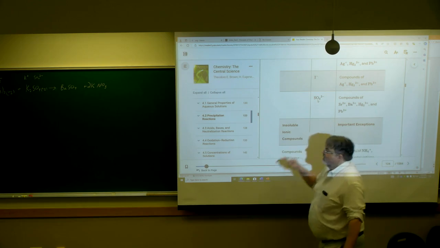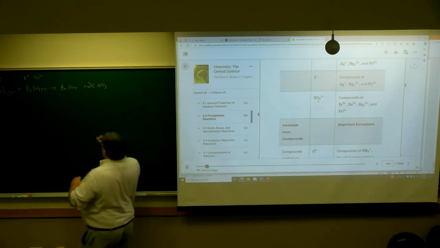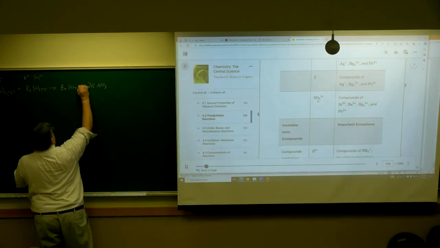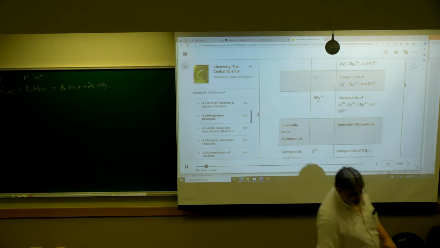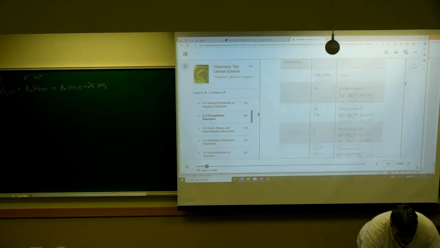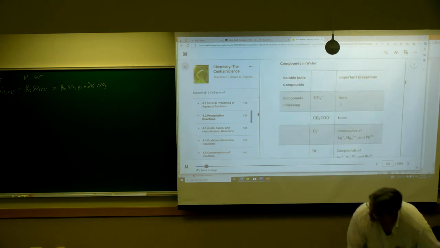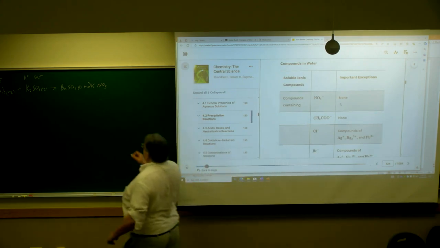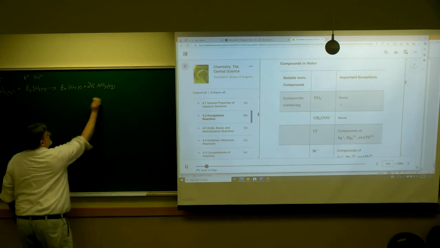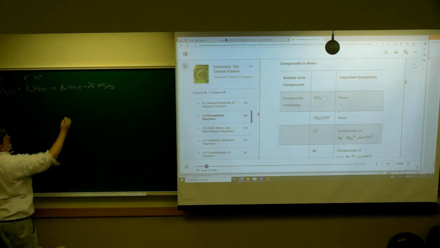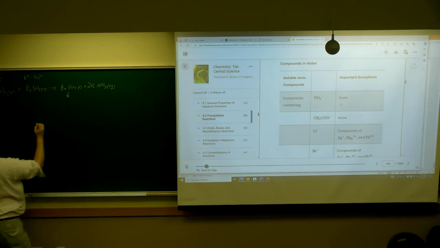And barium is in the exceptions. So that is not soluble. I think all nitrates are soluble. No exceptions for nitrate. So this is soluble. So we do have a precipitation reaction going on. That's the precipitate.